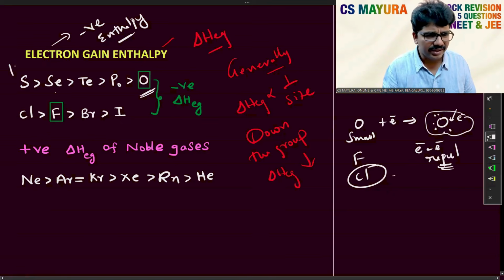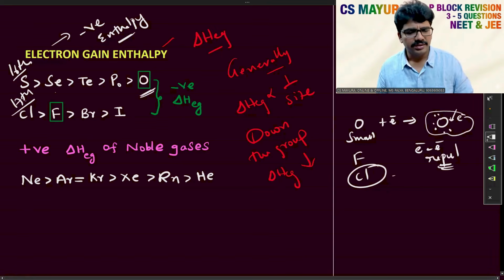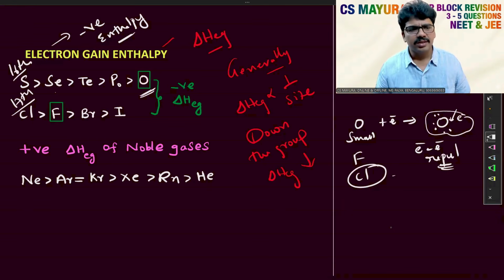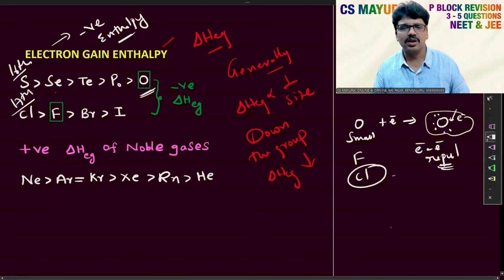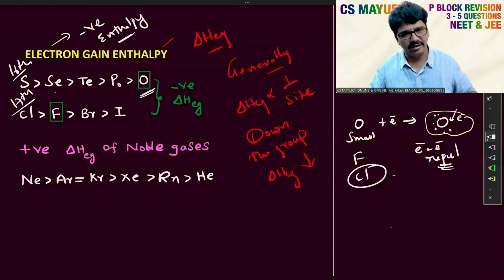Now, sir, you have written here 16th group elements, 17th group elements and inert gases only. Other groups, why have you not written? For the 13th, 14th, 15th groups, electron gain enthalpy values are not given in NCERT. So we don't have any standard reference, so it's better to avoid.